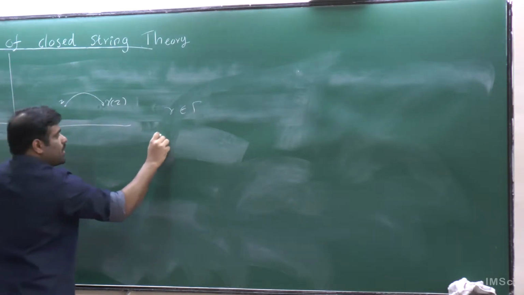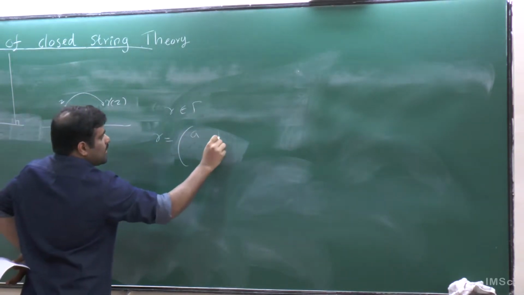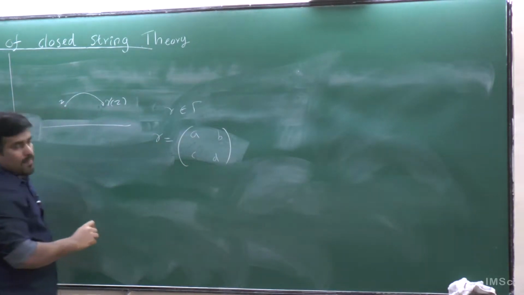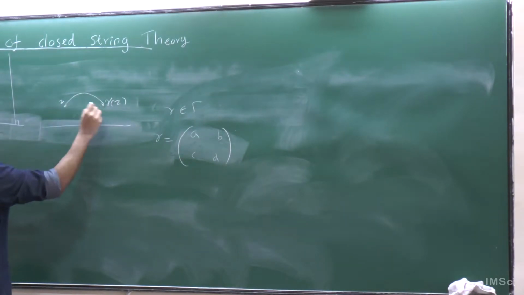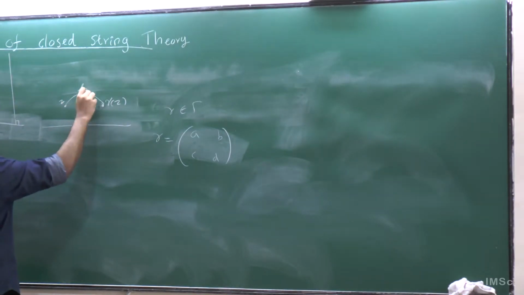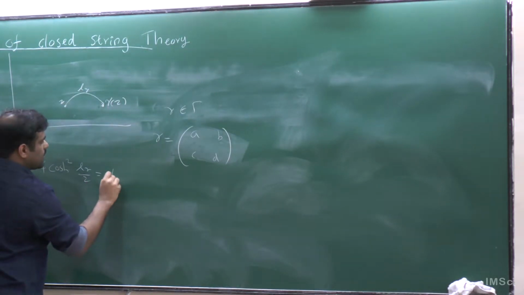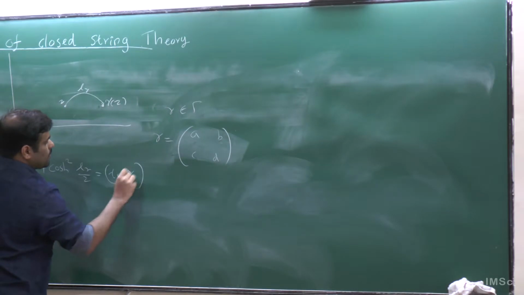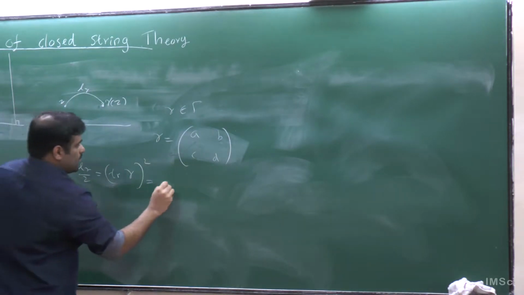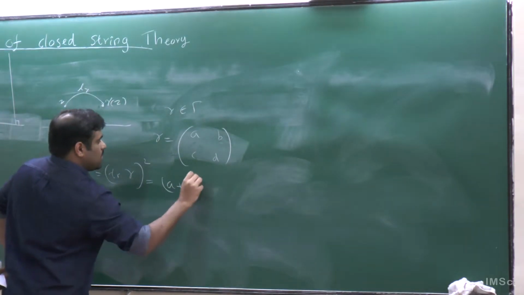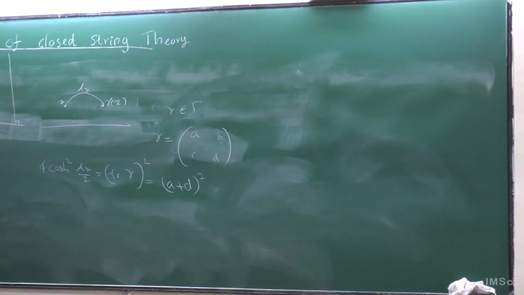Let's say gamma is a 2 by 2 matrix A, B, C, D, and the minimum length of this geodesic is L gamma. Then cosh square of L gamma by 2 is given by the trace of gamma whole square, or you can think of this as A plus D whole square. This is a relation one can prove.